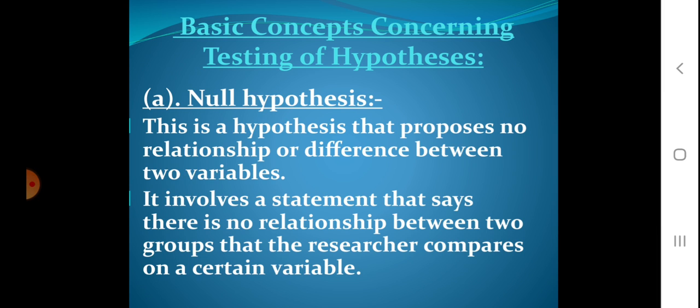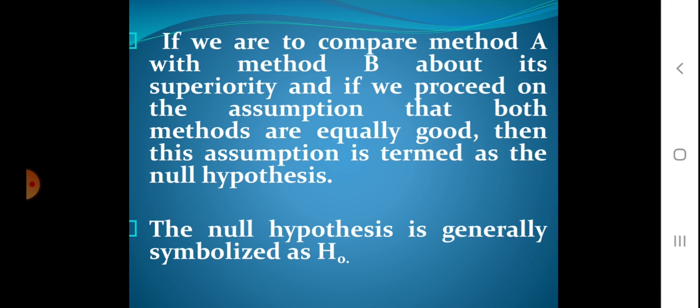We will take one example to understand this null hypothesis. If we are to compare method A with method B about its superiority, and if we proceed on the assumption that both methods are equally good, then this assumption is termed the null hypothesis.